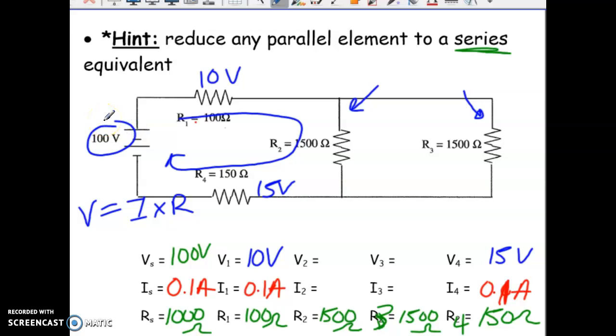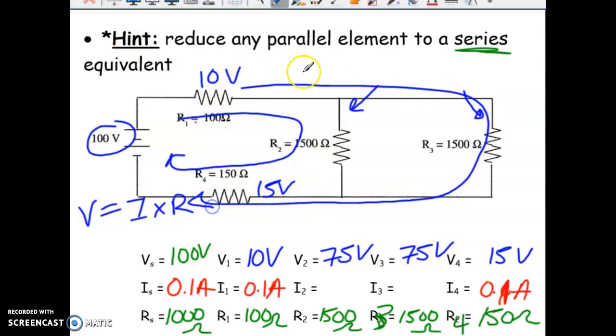So if we do 100 minus 10 minus 15, that's going to give us our V2 and V3 voltage, because we know 10 plus 75 plus 15 equals 100. So it doesn't matter if it's in this loop or in this loop, it should add up to 100 for both paths.